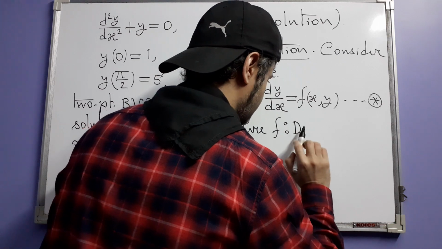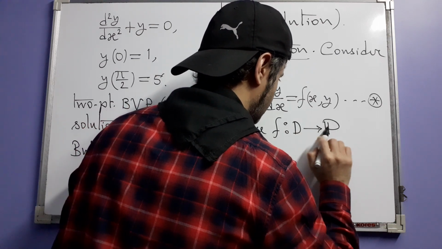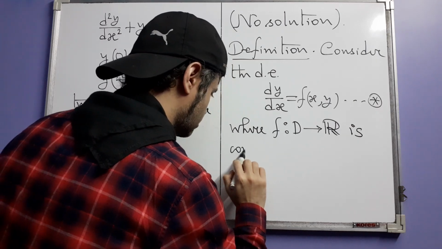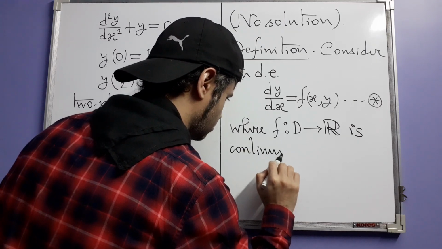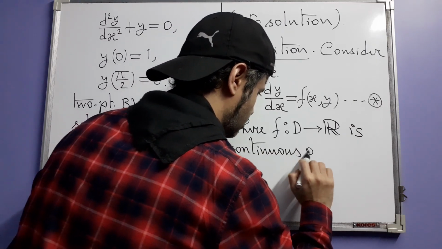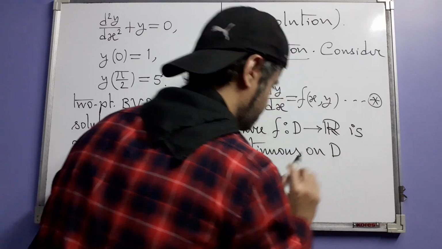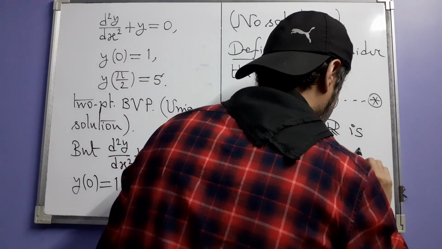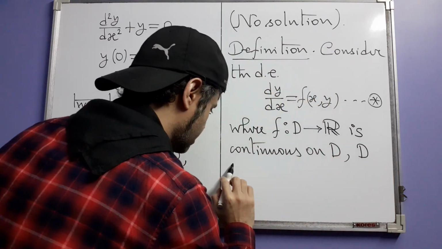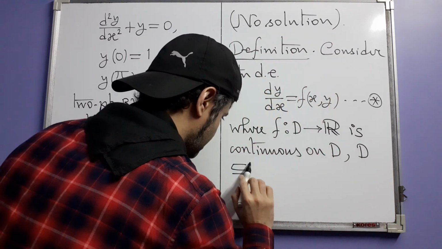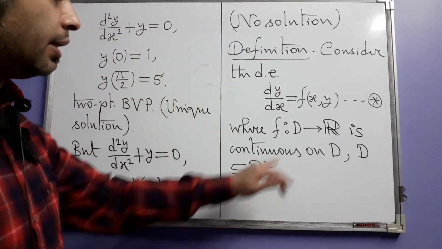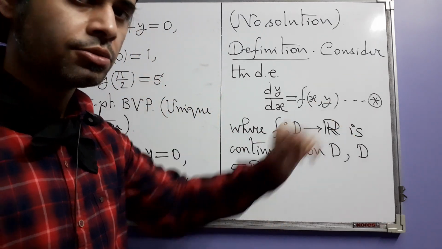F is a function from D into R, and this is continuous on D. And what is D? D is a subset of R2, naturally, because the input is a vector with 2 components.